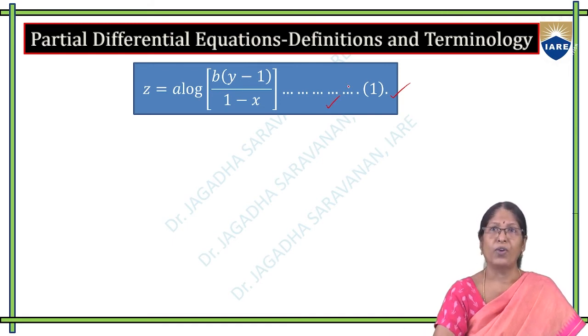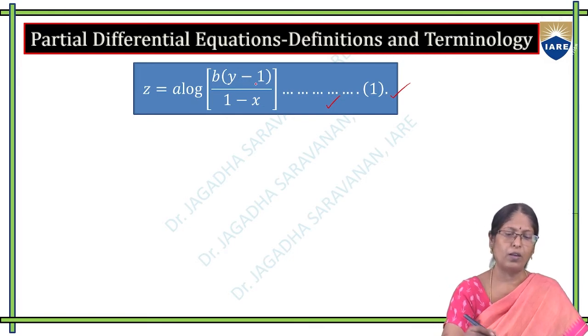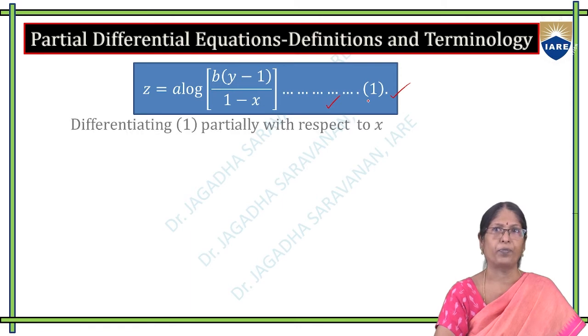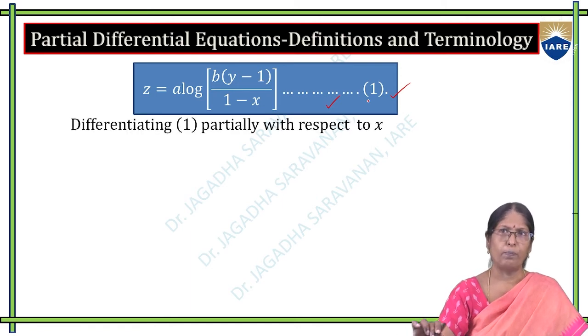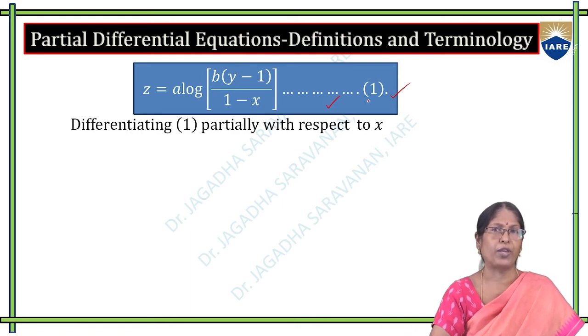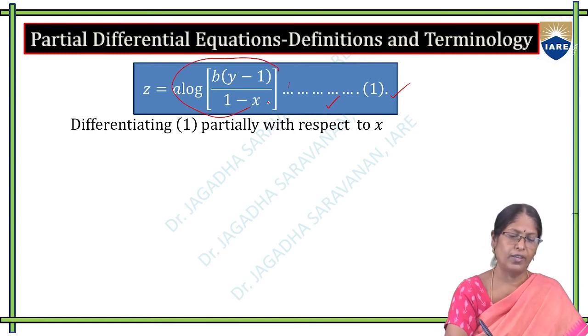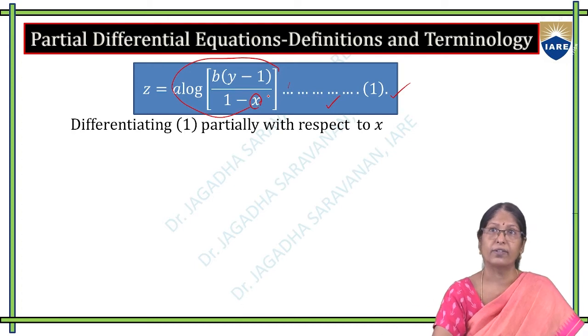This we have taken: z equals a log of b into y minus 1 divided by 1 minus x. Just we have taken this, name it as 1. This partially we will do with respect to x. So the full function, here is our x.